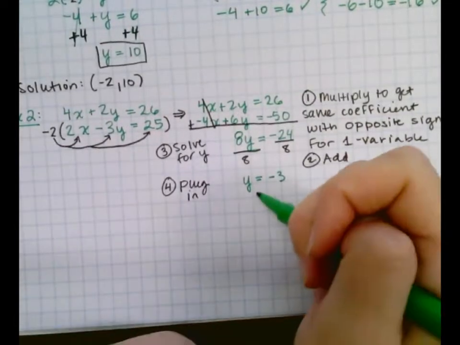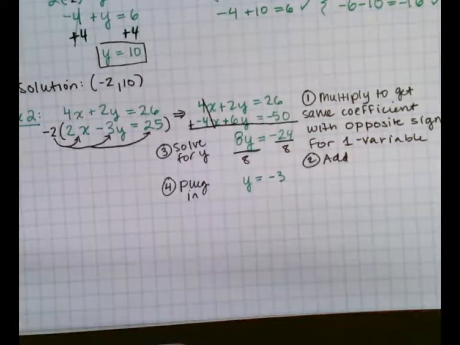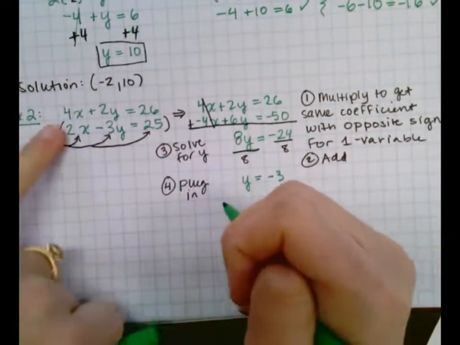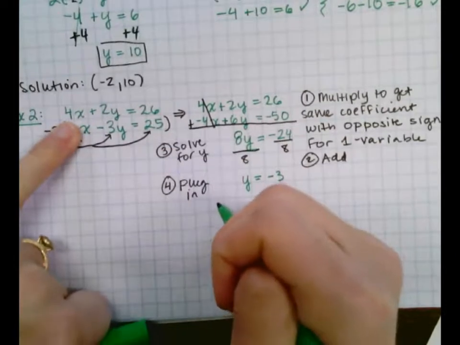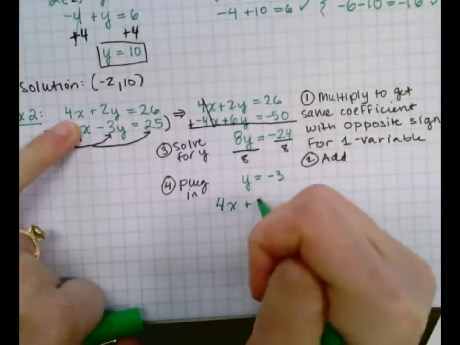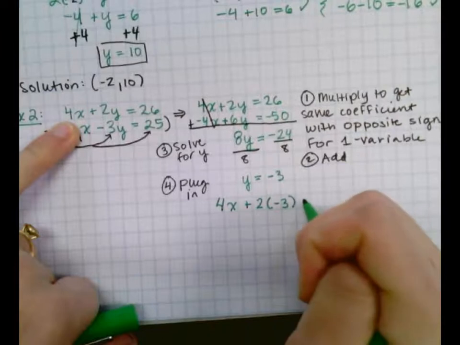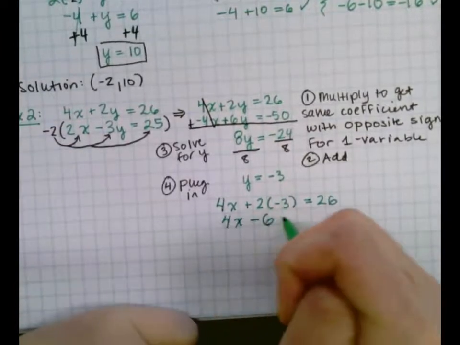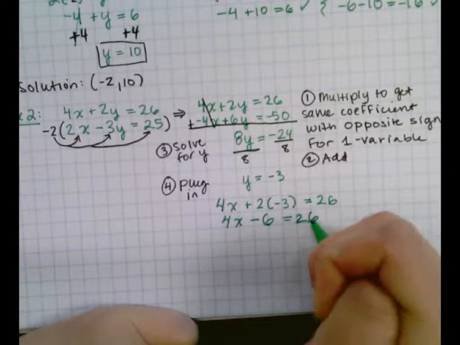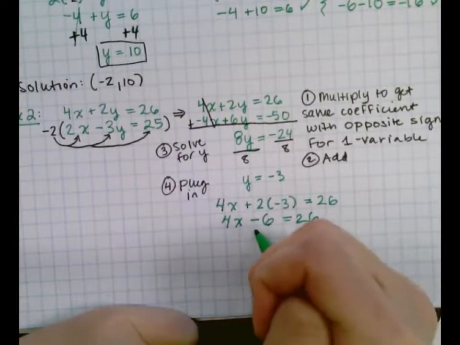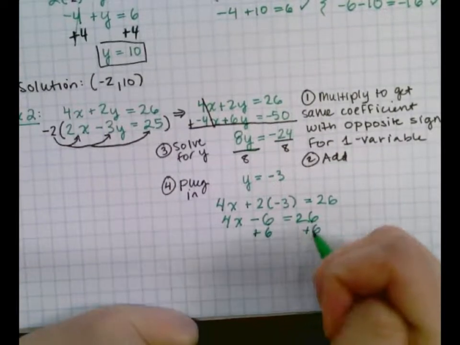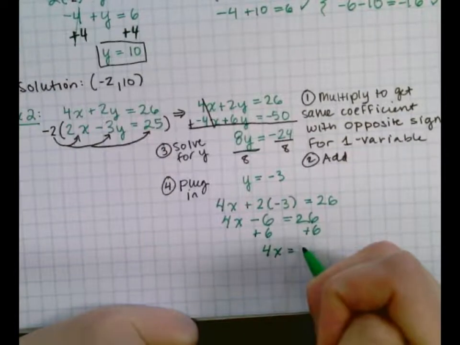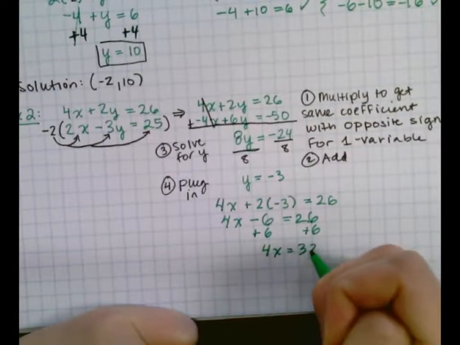Okay, so now to solve for x, it doesn't matter which one we plug into, I'm going to plug into the first one. So that's 4x plus 2 times negative 3 is equal to 26. So that's 4x minus 6 is equal to 26. Add 6 to both sides, I get 4x is equal to 32.